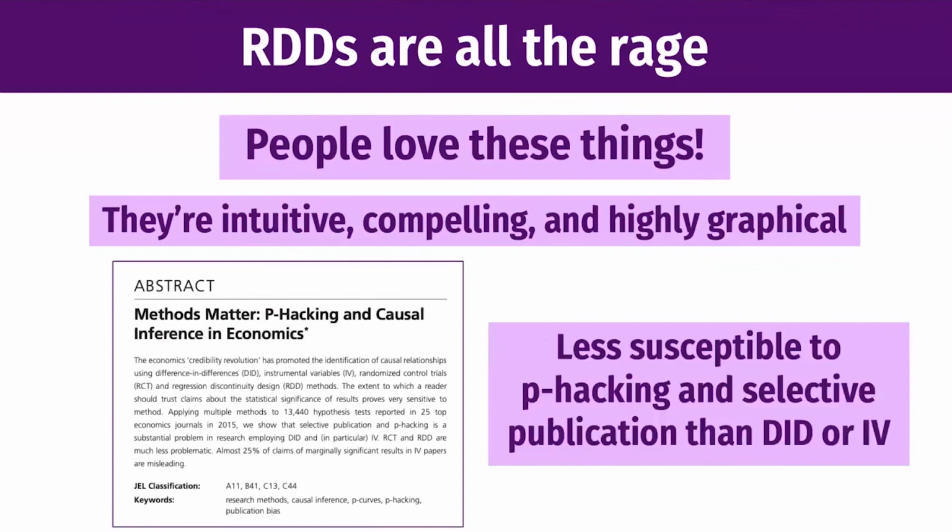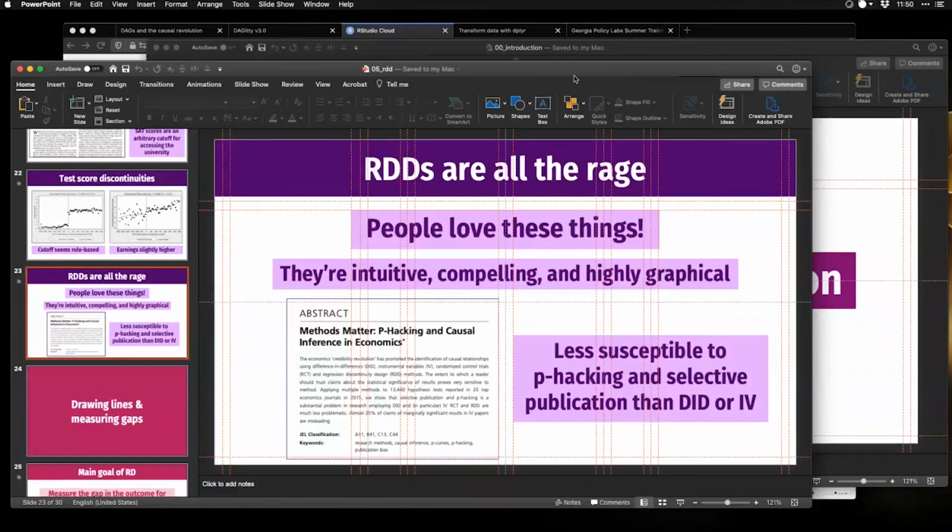There's this cool paper here that shows that regression discontinuity designs are actually less susceptible to p-hacking and other statistical shenanigans than difference in difference or instrumental variables. They're generally more kind of believable and credible. As long as you can find a situation where a cutoff exists in the world and it's a fairly sharp cutoff, you can use that as a treatment and control group and talk about causal inference there, which is really neat. Okay, so briefly, I'll show you how to do this with R.